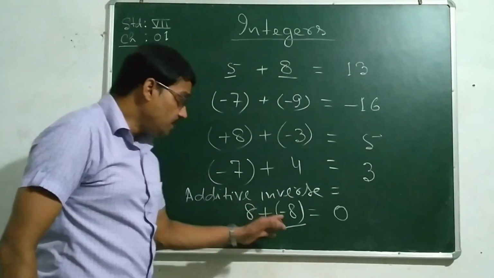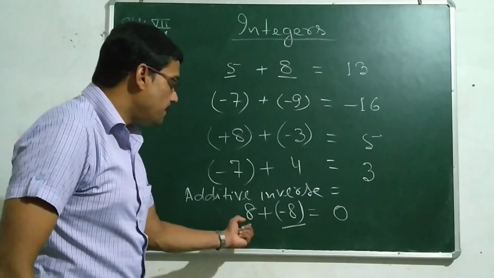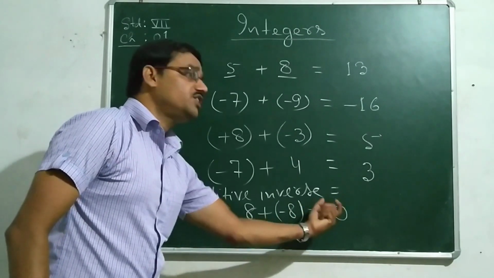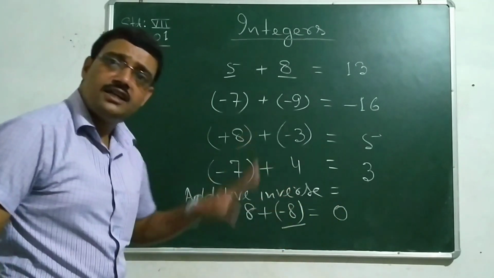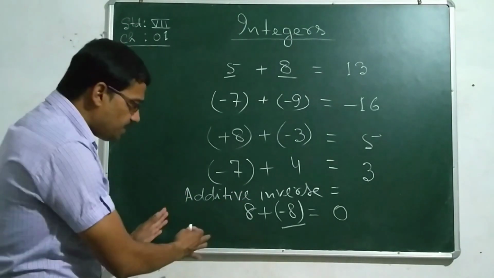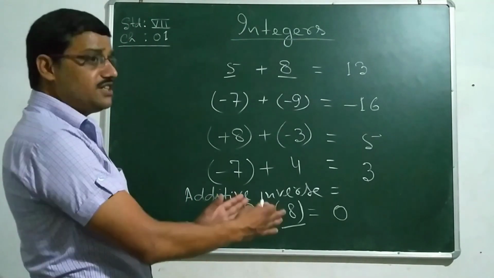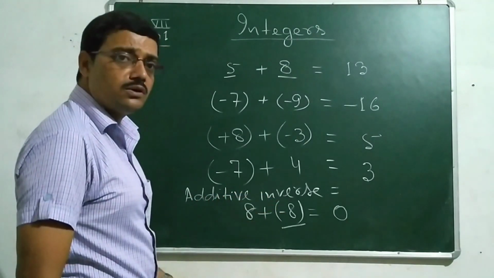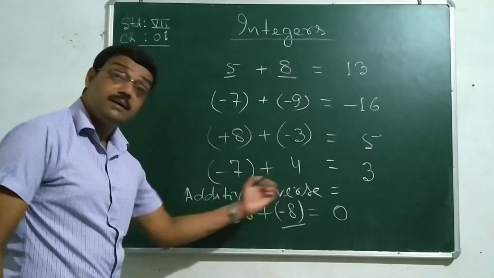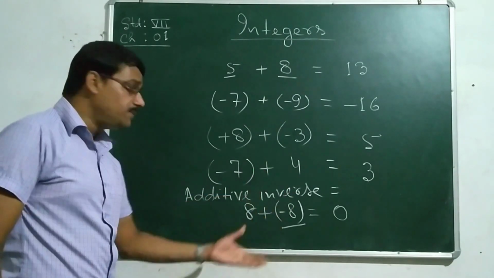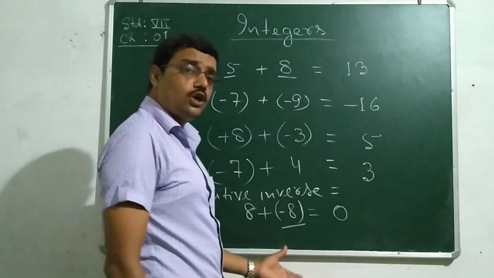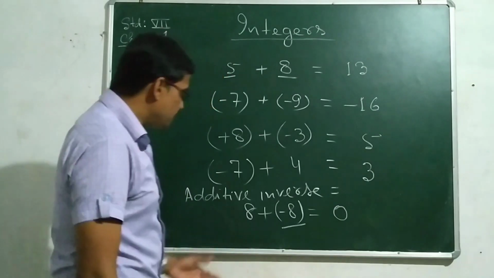So the number which makes the sum of the integer 0, that number is known as the additive inverse. So additive inverse of +8 is -8, of -8 is +8, of -5 is +5, and additive inverse of +5 is -5, and so on. You can get it easily.